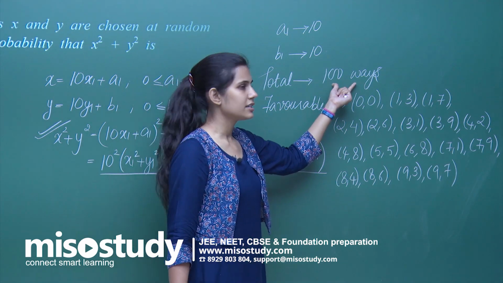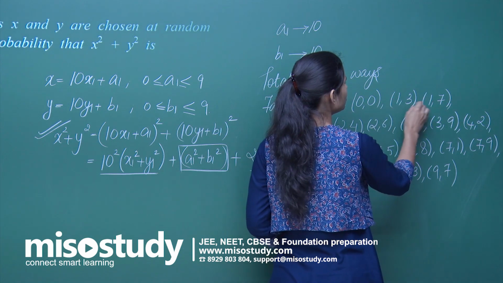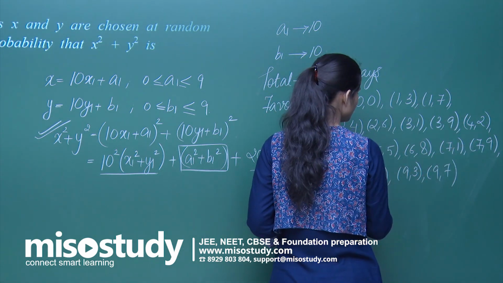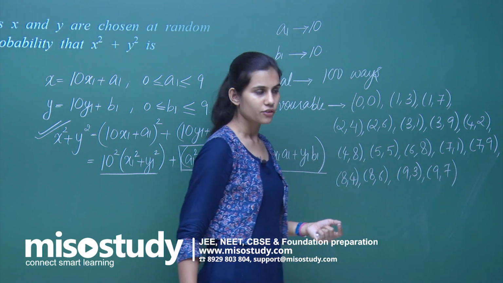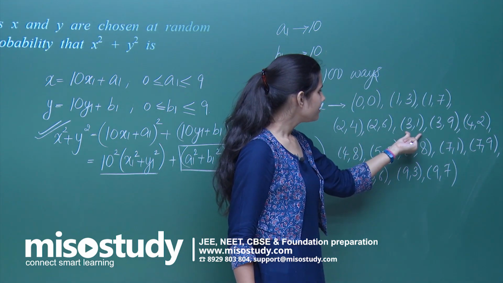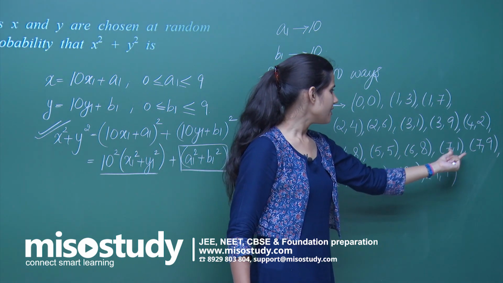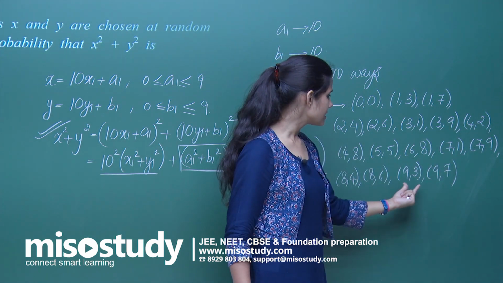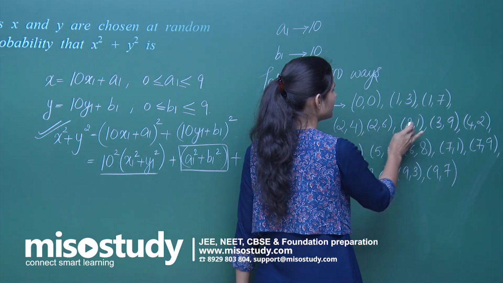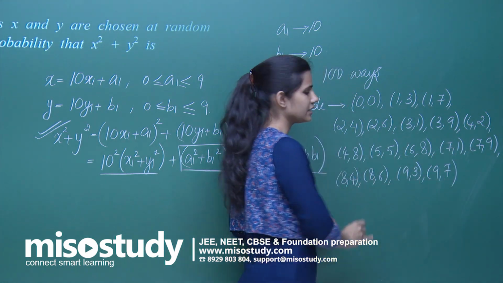So out of the 100 values of a1 square plus b1 square, how many are these? 1, 2, 3, 4, 5, 6, 7, 8, 9, 10, 11, 12, 13, 14, 15, 16, 17.